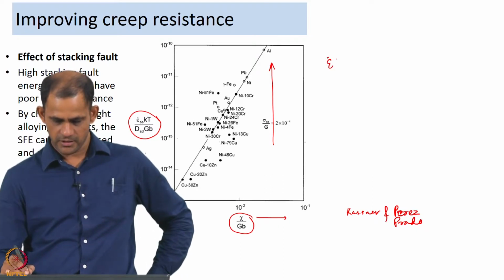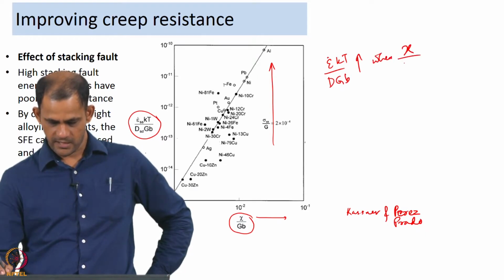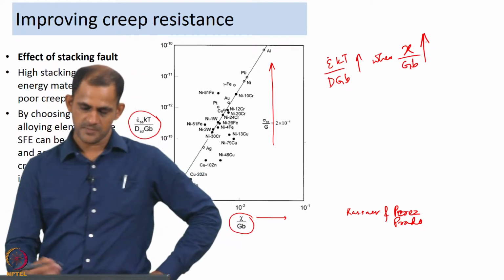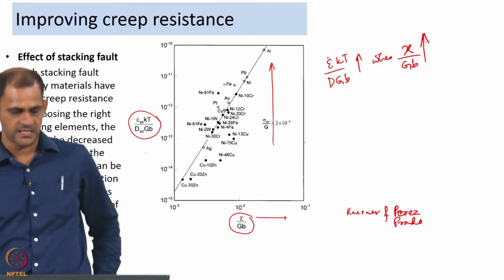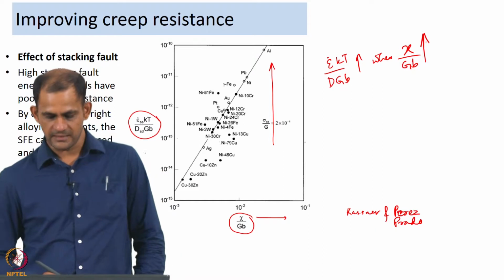So, epsilon dot kT by DGb increases when the normalized stacking fault energy is increasing. What this basically means is, if your stacking fault energy is high, then your creep resistance is going to be low. Now, let us look at this.